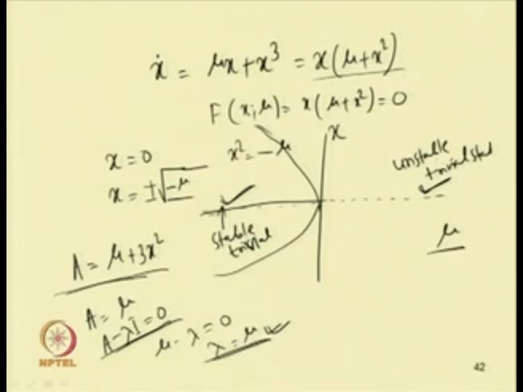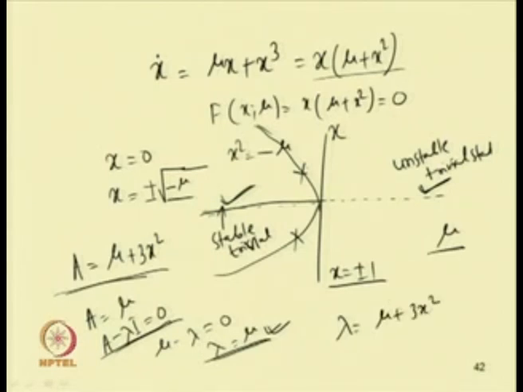Now, corresponding to any point, let us take x equal to +1 or -1, these two points. A minus lambda equal to 0, so lambda equal to mu plus 3x square.